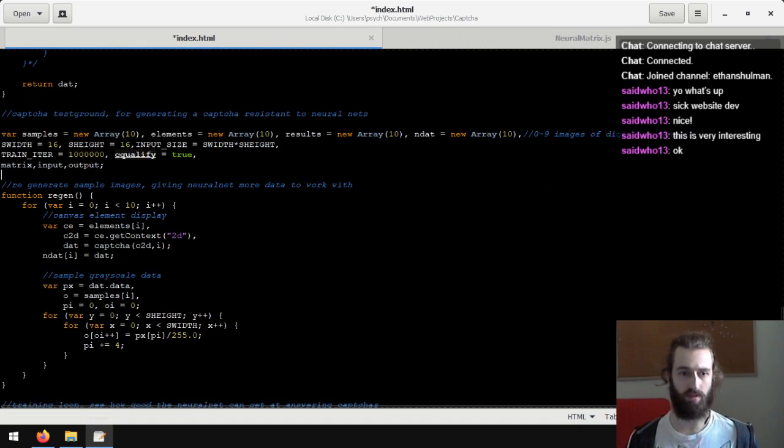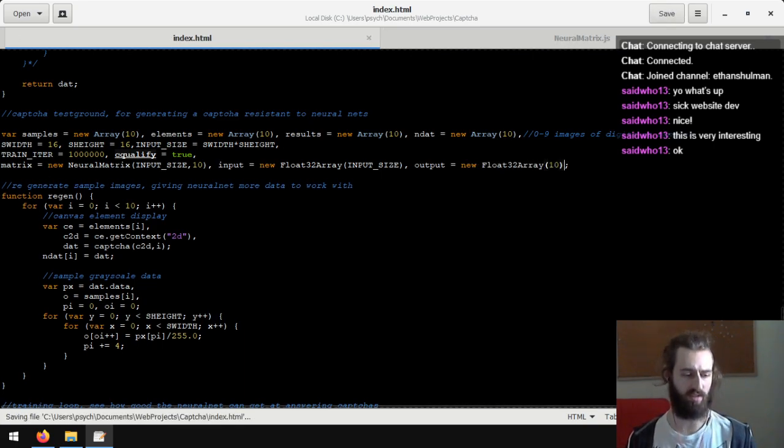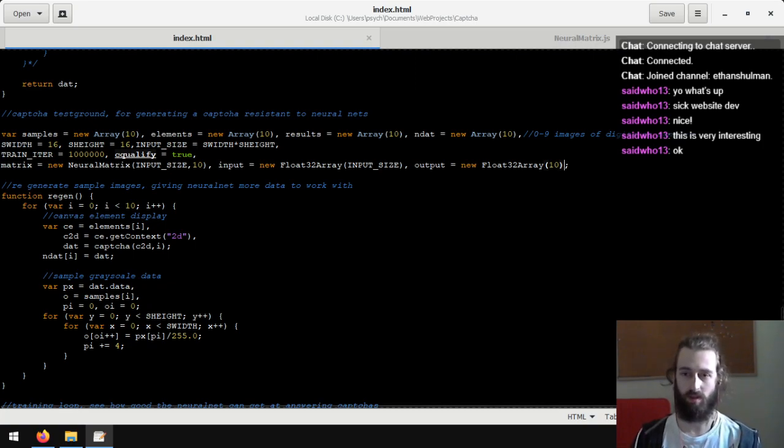I can just initialize them up here. So this is basically going to be a matrix that takes in the pixel values of the CAPTCHA image and attempts to transform that into classification values of the different digits.